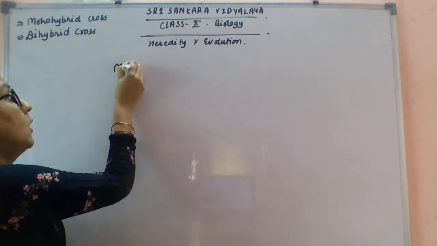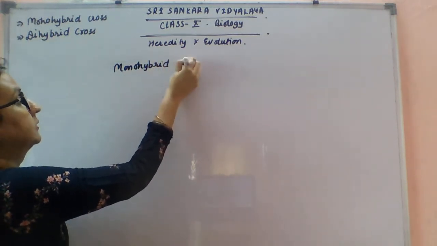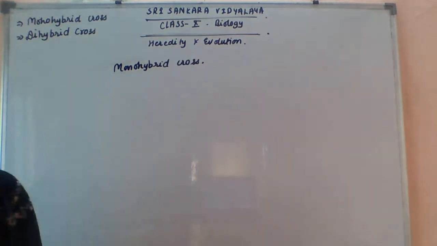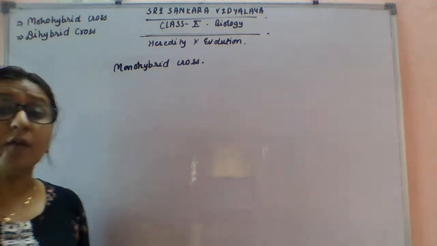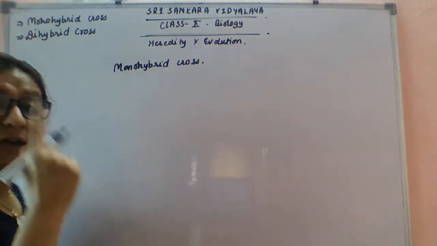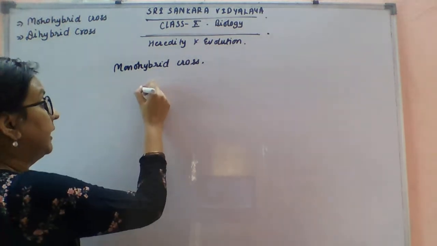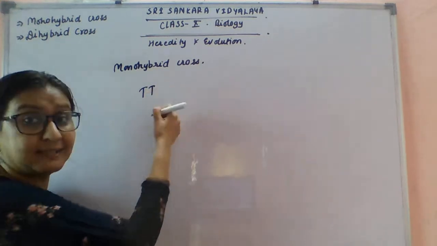So what is a monohybrid cross? A monohybrid cross means the hybridization cross in which inheritance of only one pair of contrasting characters is studied. We take one pair of contrasting characters, that is tallness and dwarfness.